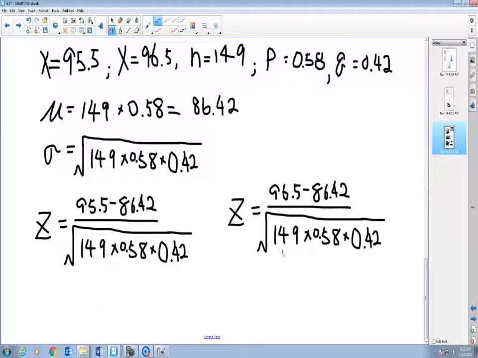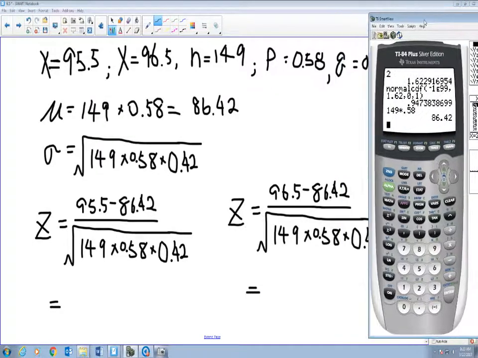Let me show you a quick way to do this. You see how earlier when I typed in the calculator, I subtracted first. This time I'm going to let the calculator subtract the top first by putting 95.5 minus 86.42, close parenthesis. Now I will divide it by the square root of 149 times 0.58 times 0.42.